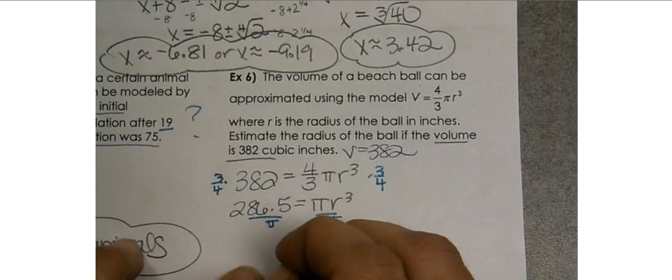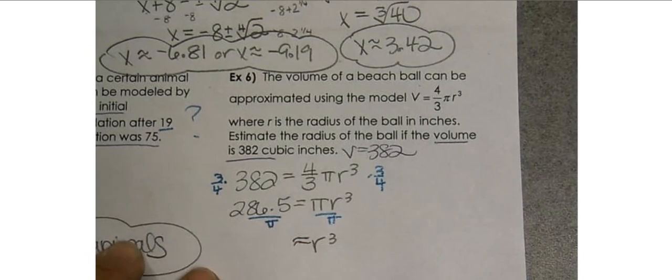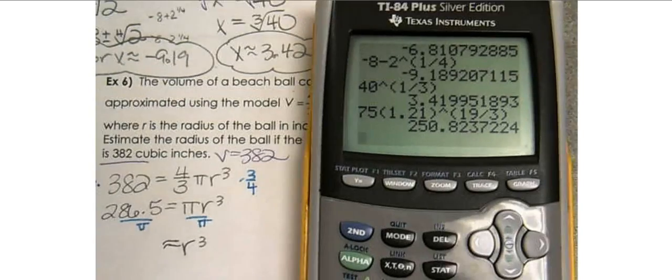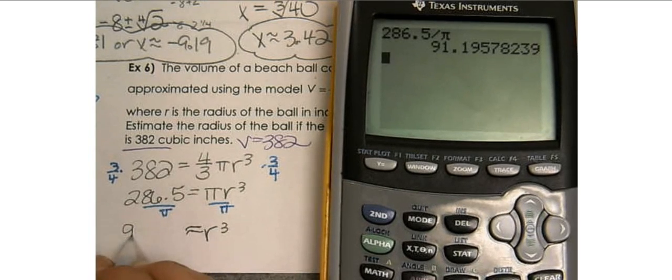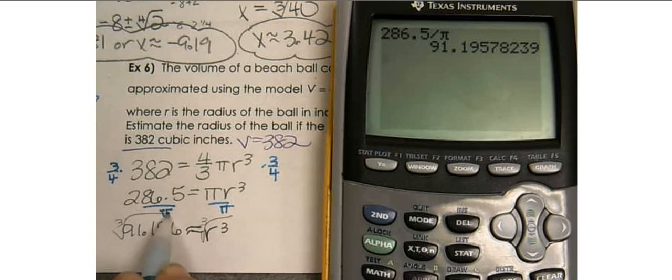Then we might want to divide by pi, because remember our goal is to get your power all by itself. And this is about, if I put 286.5 divided by pi, that gives me about 91.196. But I'm going to leave that in the calculator, and really if I want to get rid of this, I'm taking the cube root, which is really raising it to the 1/3.